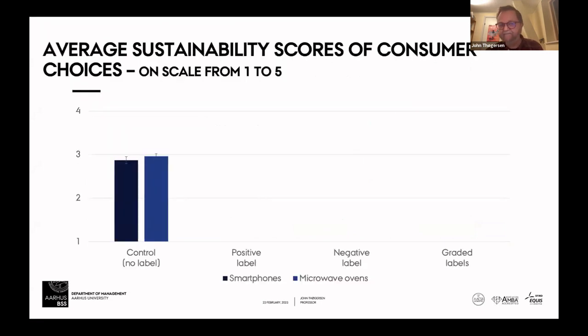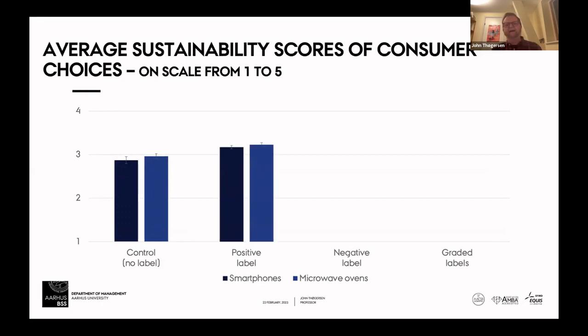What we found was that among consumers that did not see any label on the products, the choices were, on average, on a scale from 1 to 5, for the sustainability of the choices, as one should expect, around 3, which would be in the middle of the scale.